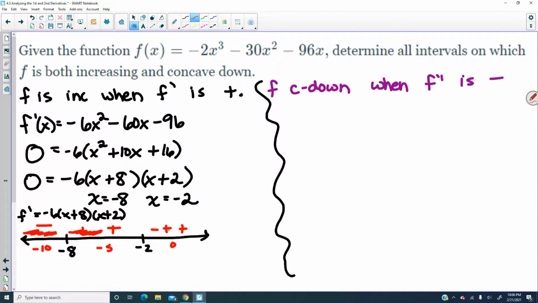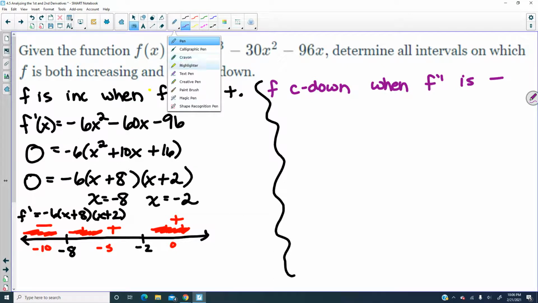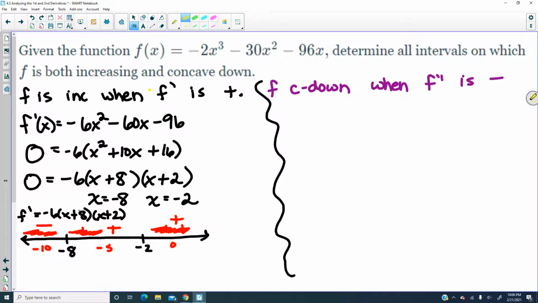So negative, positive, positive multiplies to be positive. All right, so I'm looking for where f is increasing. So f would be increasing on that whole area.